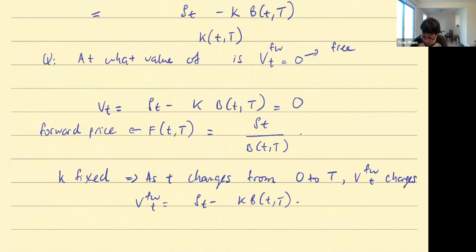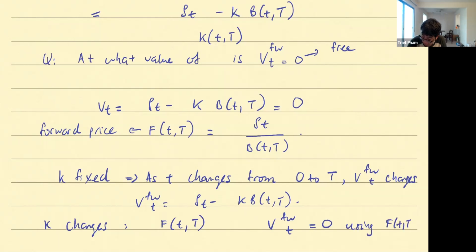The financial thinking is, at any time t, I want to know that very special strike so that V under that strike is always zero. Do you understand?